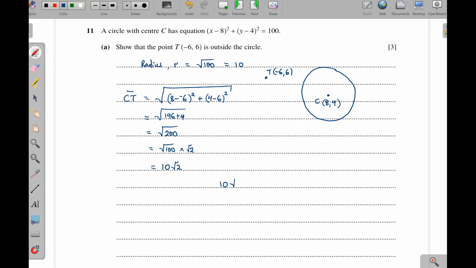Now 10 root of 2 is greater than 10, because 10 is multiplied by something which is bigger than 1. So it has to be greater than the 10. So therefore, T(-6, 6) is outside the circle, since its length from the center is bigger than the radius.